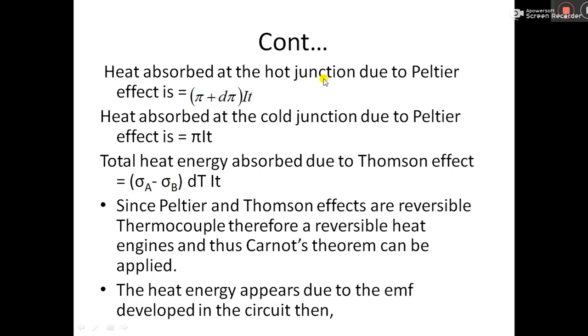Heat absorbed at hot junction due to Peltier effect is pi plus d pi I into T. So that is Q1.